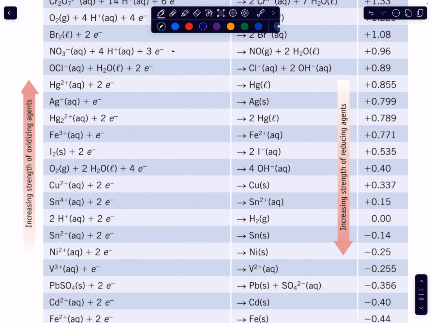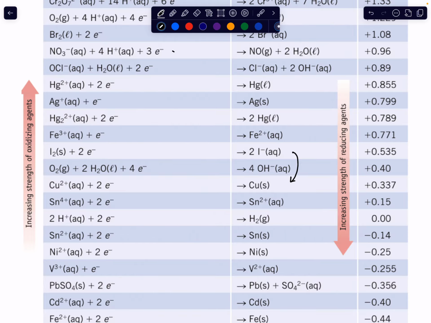Because one, it lies below I minus on the standard reduction potential table, and also it has a lower standard reduction potential. It means that copper solid wants to be oxidized, and I minus does not want to be oxidized. That's what it means inherently by it lying lower.